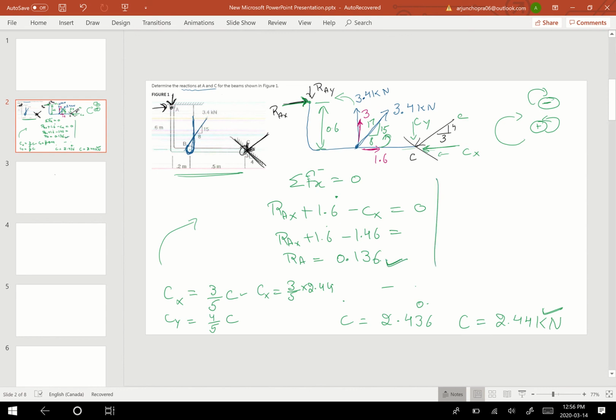And similarly, we can find sigma f of y equal to 0. We can find the vertical forces also, and then I'll write down the equation for the vertical forces. This is a little interesting. RAY is acting in the downward direction, so I'm taking it as negative. This 3.4 kilonewton is acting upward, so I'm going to take it as positive 3.4, and then 3 is also acting upward, so I'm going to take it as positive, and minus cy equal to 0.